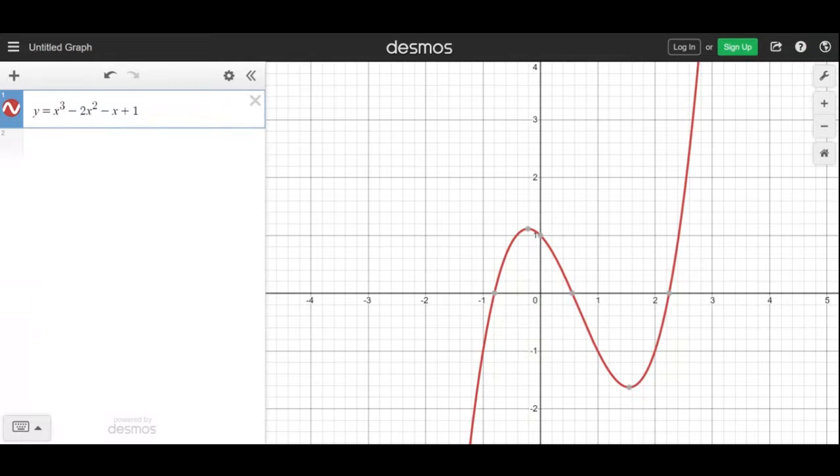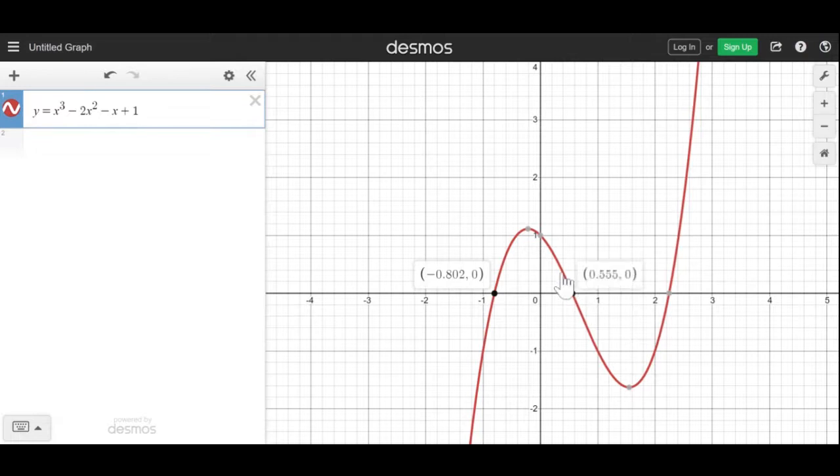Okay, you can see that there are 3 zeros here. There are 3 x-intercepts. So you have a negative real zero and you have 2 positive real zeros here. Looking at the graph, this is the negative real zero, the first one.